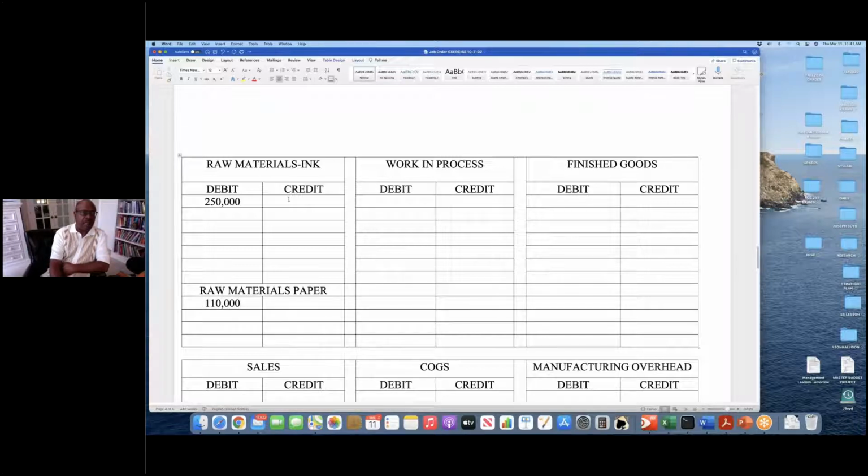Then we transferred how much of the paper? 200,000. And how much of the ink did we transfer? 50,000. So once we make the entries, then we post them.